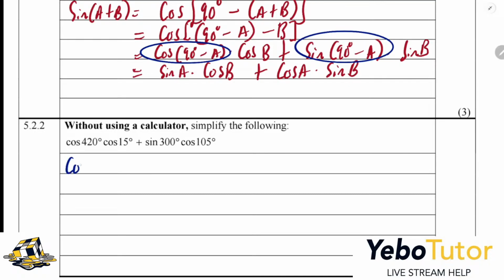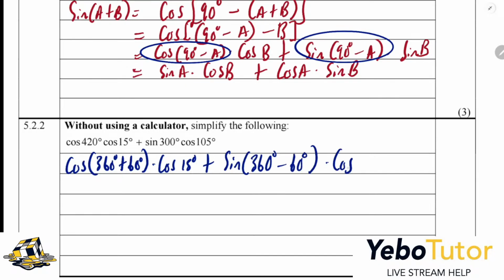So this can be the same as cos of 360 degrees plus 60, which is 420, times cos of 15 degrees plus sine of 360 degrees minus 60 degrees times cos of 90 degrees plus 15 degrees over there. Okay, 105 is 90 plus 15. So this will give us cos of 60 degrees times cos of 15. Wow.